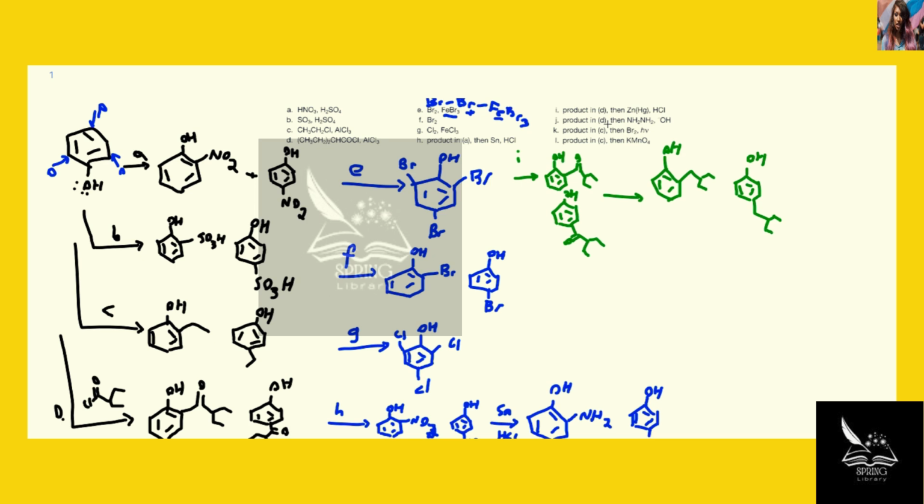In J, we're taking the product of D, then we're adding hydrazine and alcohol. When we add hydrazine and alcohol, this is actually another, very specialized way of fully reducing your acyl group. So you will get the same products as in I here.